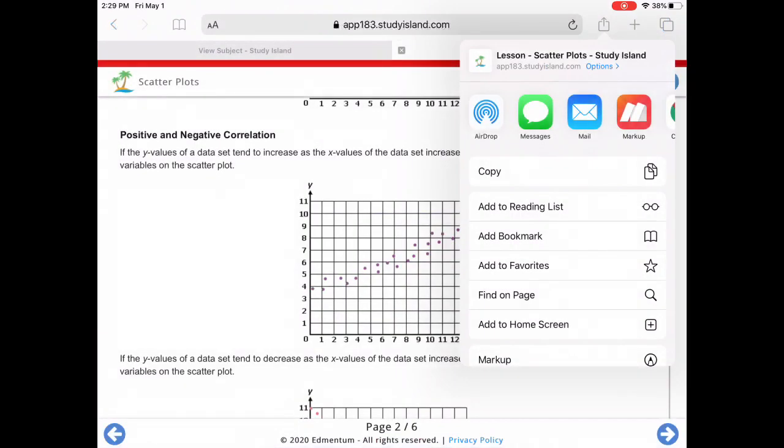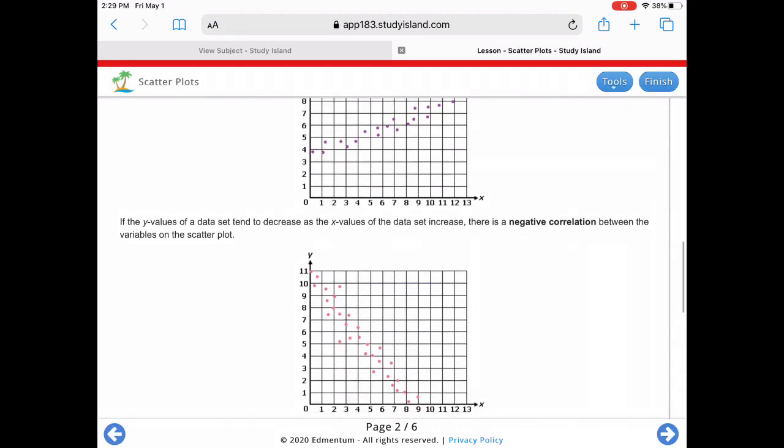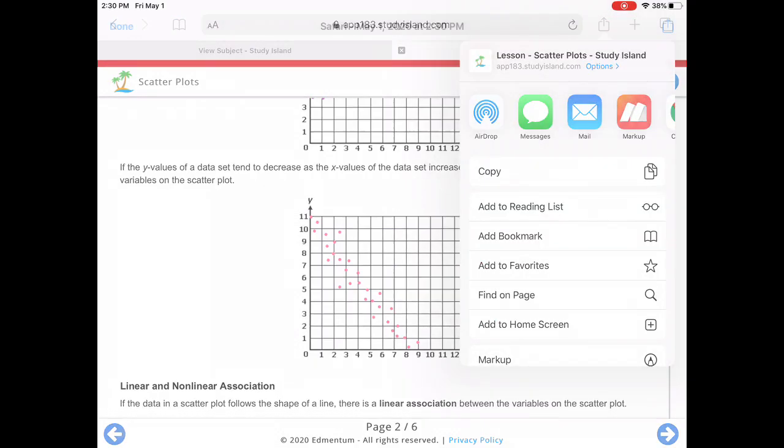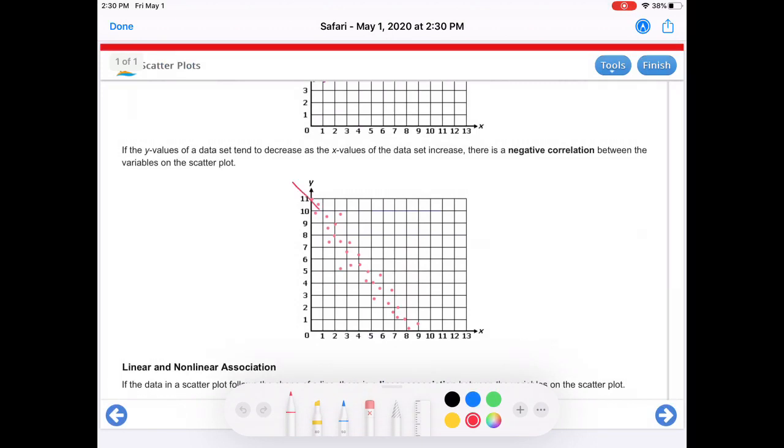But when both sets of data don't do the same thing, in this case, the x is increasing because it's going from left to right, but the y is decreasing, that is a negative correlation. If you drew a line down the middle of it, that's not quite down the middle of it, but let's pretend that it was.